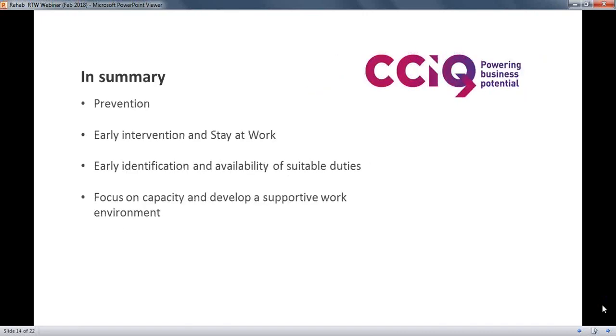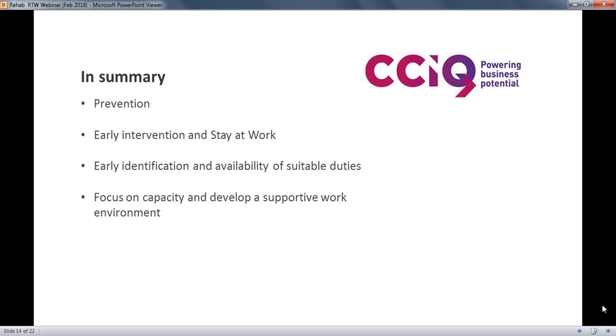So I'll just cover briefly now, in summary, prevention. Review your workplace for potential hazards and discuss strategies, and where possible, implement changes to prevent the injuries. If you have policies and procedures, great, review.